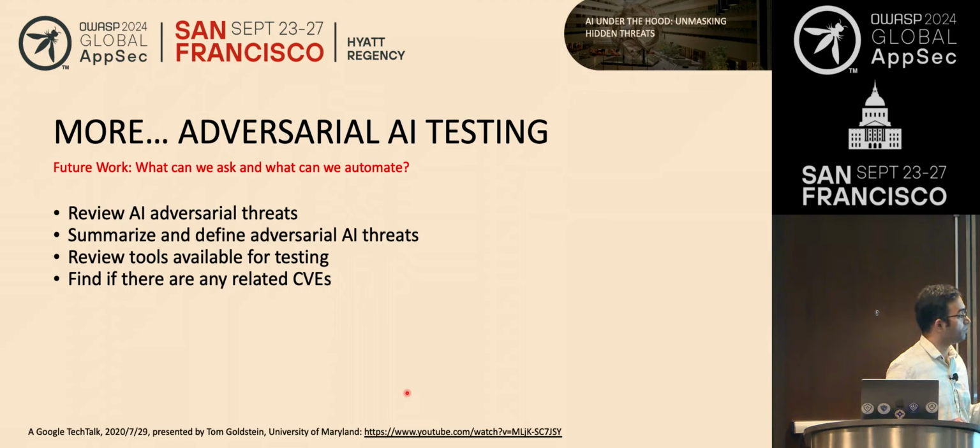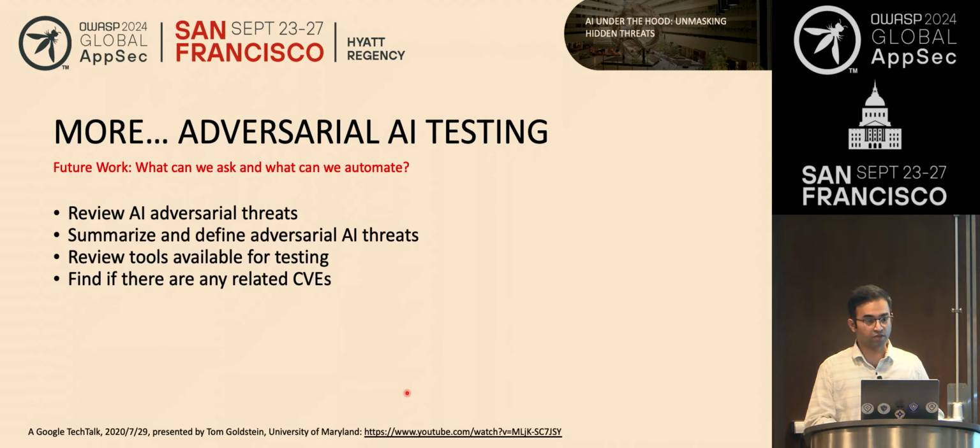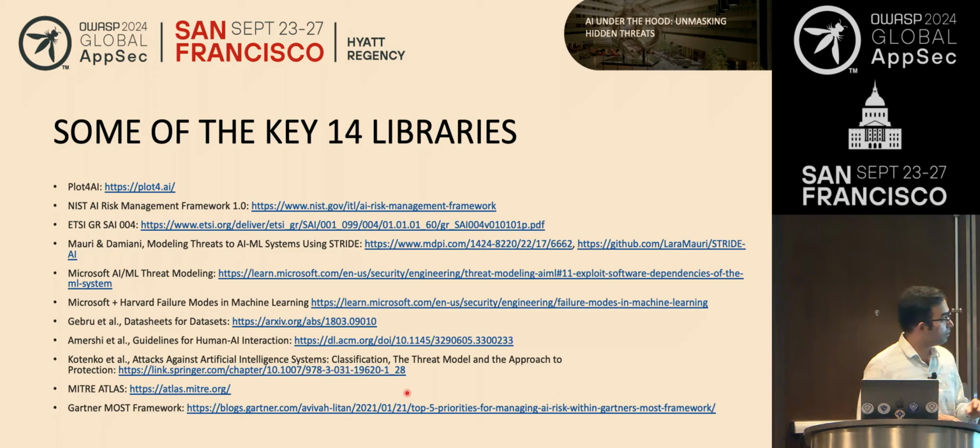We plan to review the different AI adversarial threats, summarize and define the different adversarial AI threats that are present. Then we will review some of the tools that are available and find any related CVEs within them. I mentioned the 14 key libraries that we filtered out. These are the 14 libraries that we have.